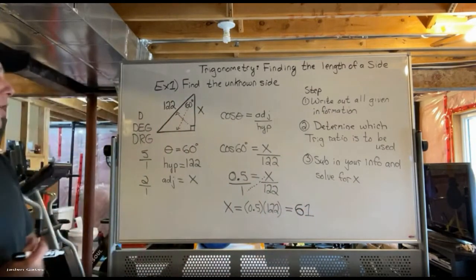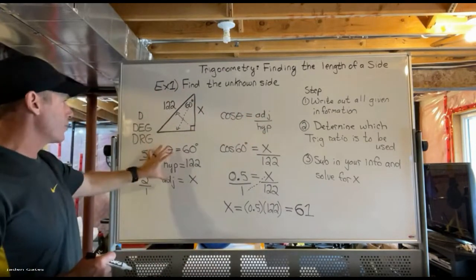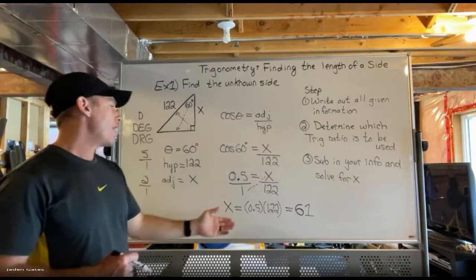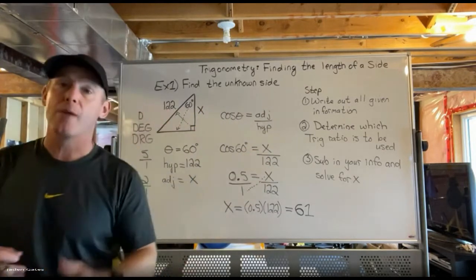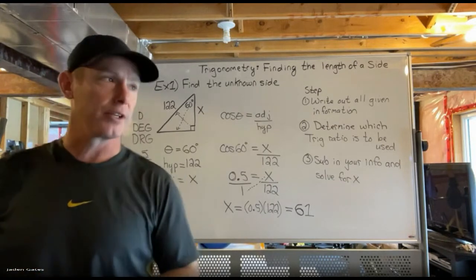And there we go. So again, we find out what sides and angles we have, which trig ratio we're going to use, and then we sub in our information and solve, with that fraction equaling a fraction so that we cross multiply when we're solving.